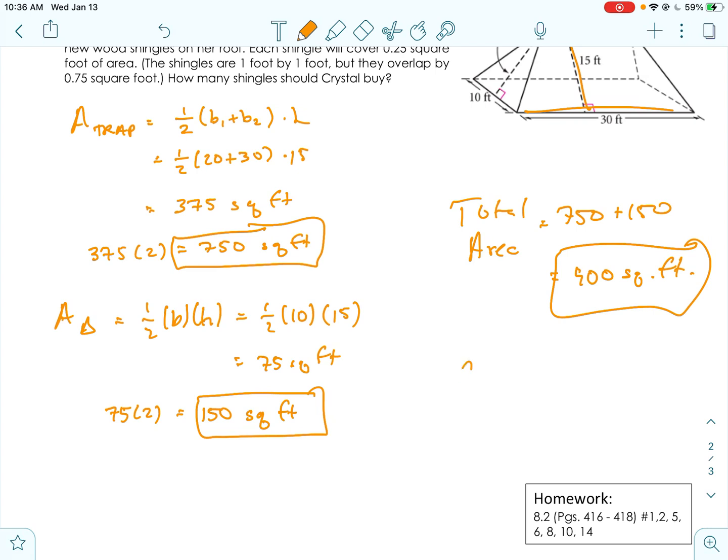So we have 900 square feet divided by 0.25 square feet, and that would give us a total of approximately 3,600 not tiles but shingles that they would need to cover this roof.